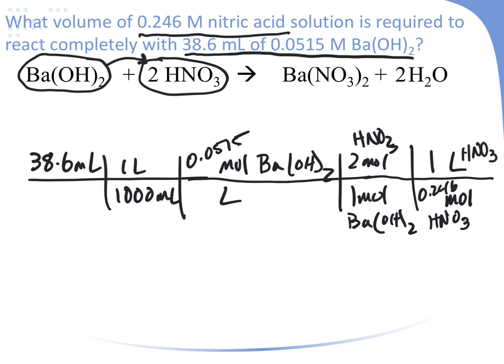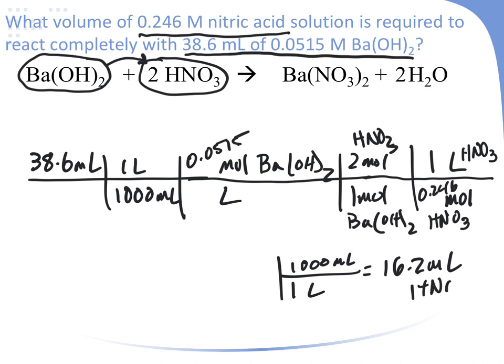And at that point, I would kind of be done. It doesn't say how many, it says what volume. I could stop at that point, but since I had milliliters to start with, I'm going to go ahead and change this to milliliters, but it doesn't really matter. What you end up with at the end, if you do the calculation, is 16.2 milliliters of HNO3.